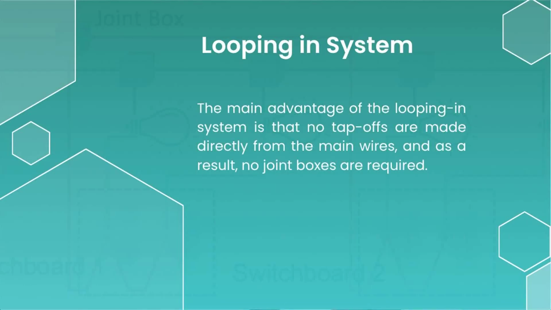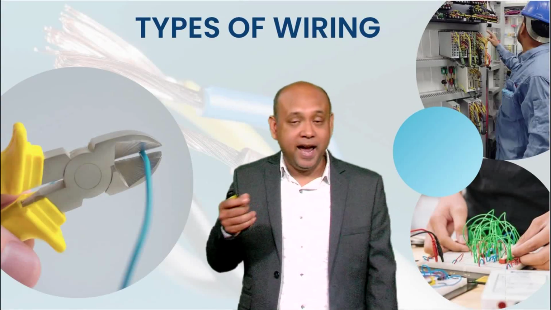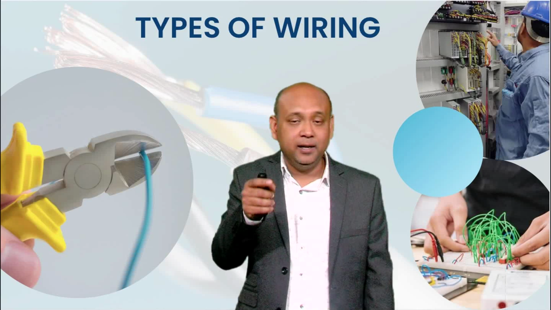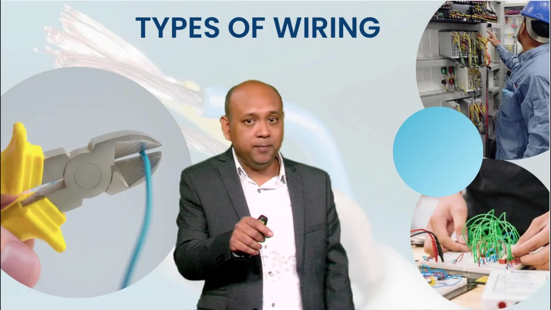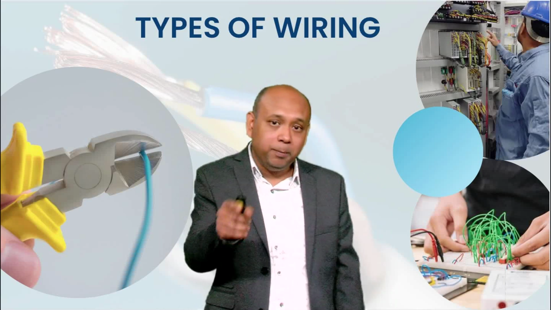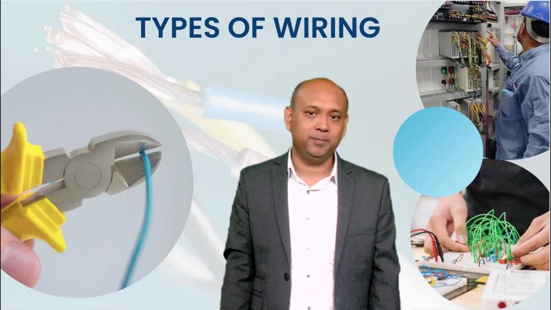The main advantage of the looping in system is that no tap-offs are made directly from the main wires, and as a result, no joint boxes are required. However, the length of wire needed in the looping in system is longer compared to the joint box system.